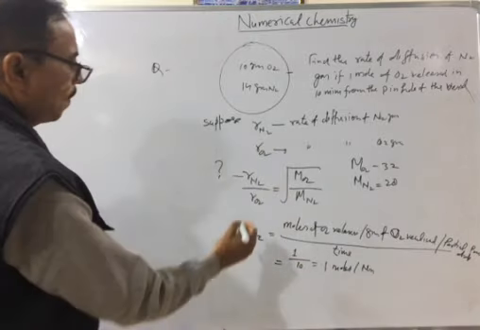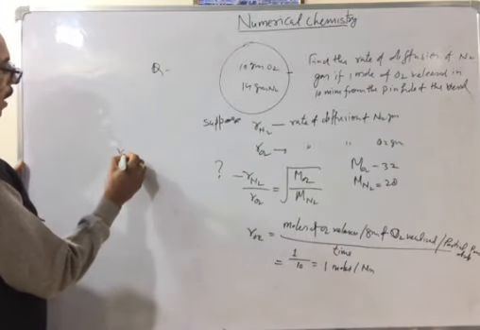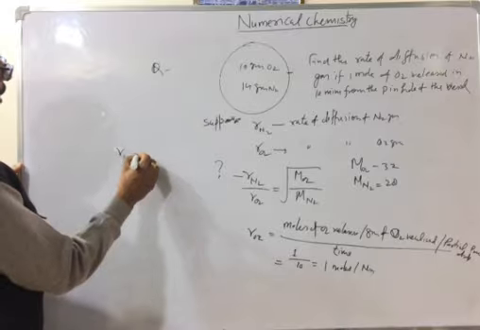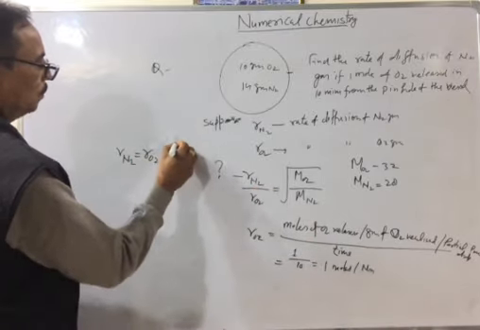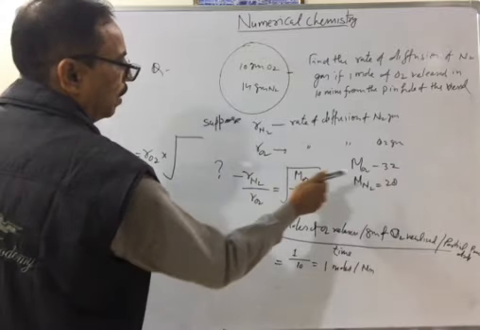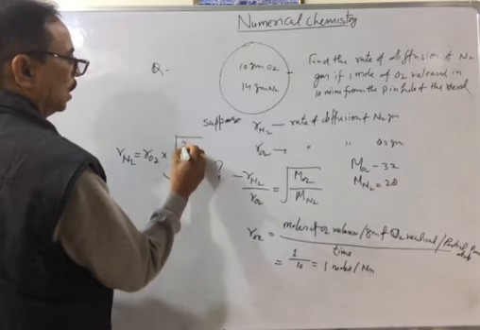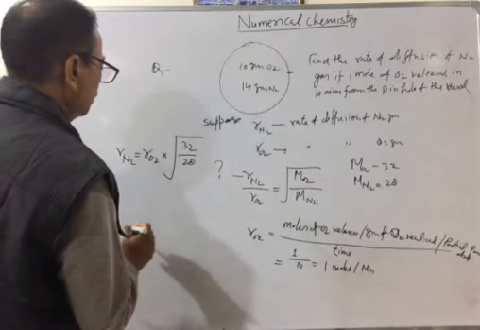So put here, the rate of nitrogen equals the rate of oxygen into the square root of the molecular weight of oxygen, 32, divided by 28.